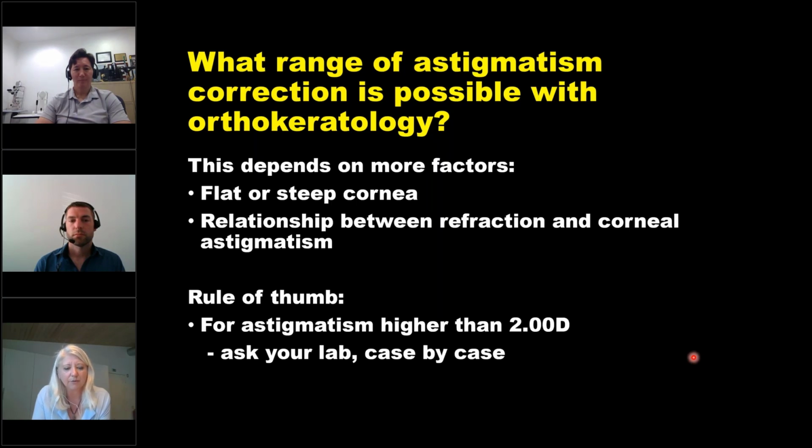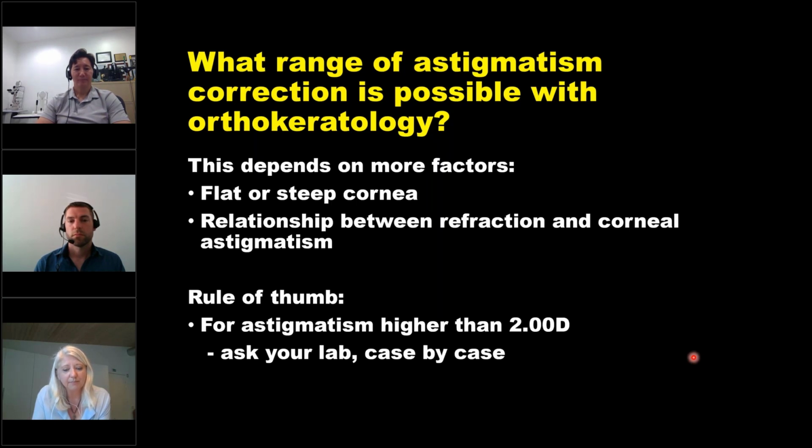And this goes to how flat or steep the cornea is. You can correct more minus on a steep cornea than you can on a flat cornea. And it also depends a lot on the relationship between the refraction and the corneal astigmatism.